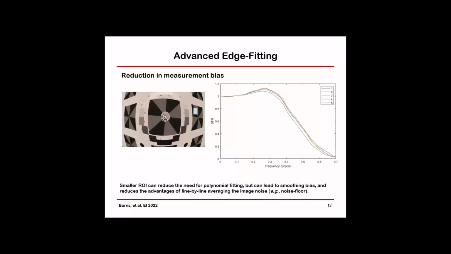I guess with pincushion it would be larger, but you can reduce the effect of the curvature, maybe reduce the need for polynomial fitting, by choosing a smaller region of interest. However, you can end up with problems with windowing bias, overly smooth results, and also you reduce the advantage of the line-by-line averaging that you get with the noise reduction. So this is that topic.